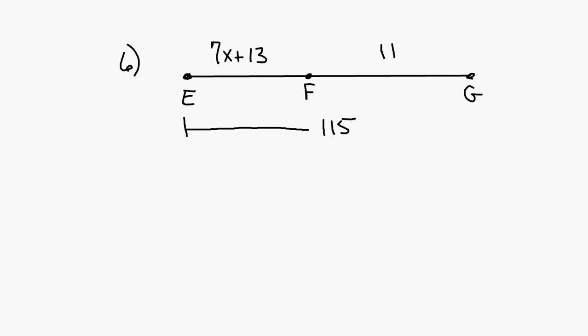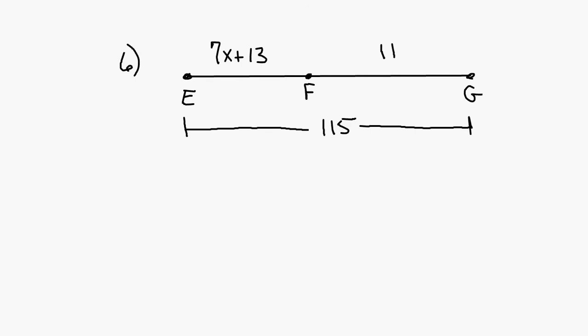Number 6, you got E, and then F, and G. If E to F is 7x plus 13, F to G is 11, and E to G is 115. So from E all the way to G is 115. That's the information given.